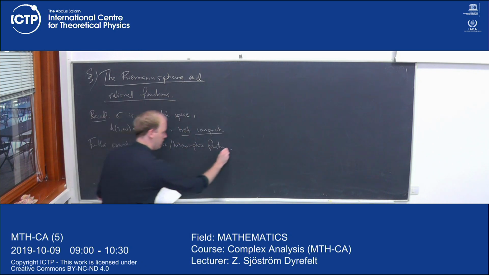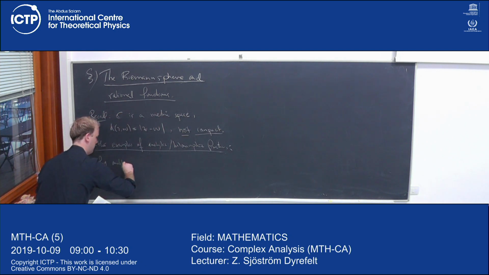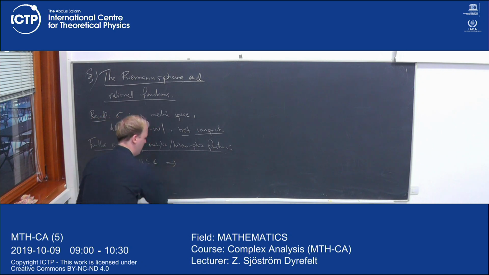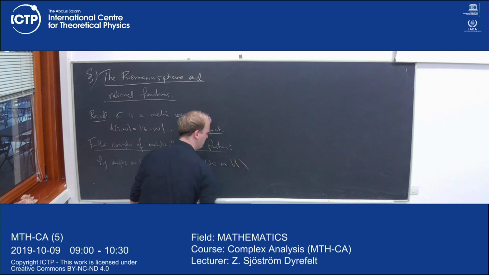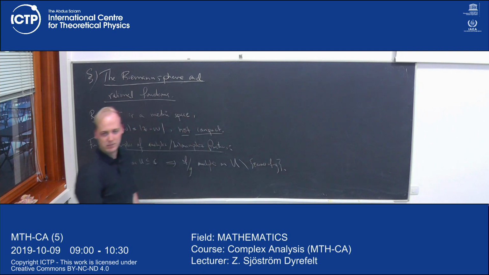Now we have the following example: if f and g are analytic on some subset U of C, then f divided by g is analytic on U minus the zeros of g.